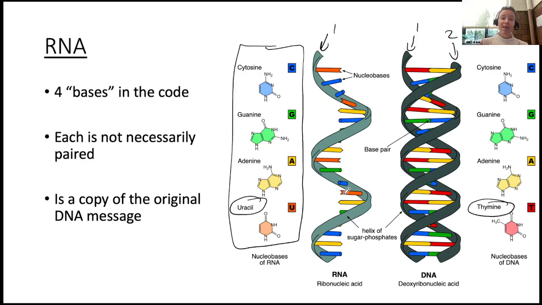RNA is an exact copy of the original DNA message, right? So if the sequence of DNA is C, G, A, T, the sequence of RNA is C, G, A, U, because we've replaced T with U.